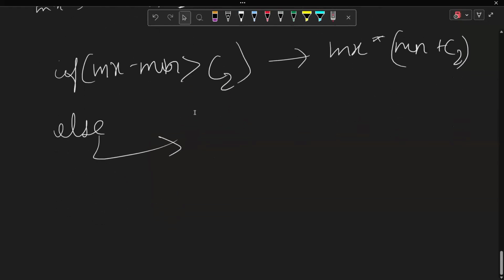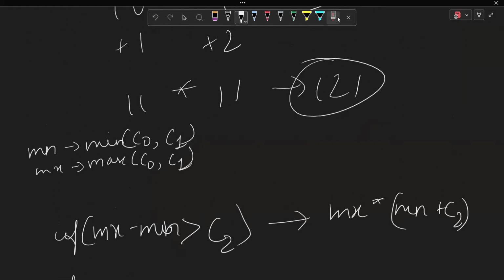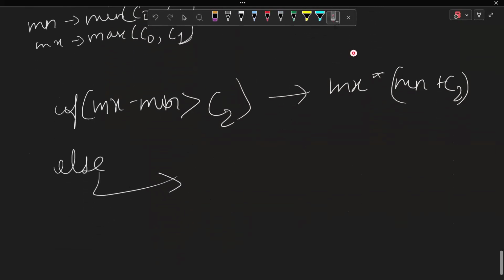So basically, if both of them can be made equal, they would either be equal or a difference of 1. So if the sum, with sum I am denoting C0 plus C1 plus C of question mark, is the number of elements, that is going to be M.